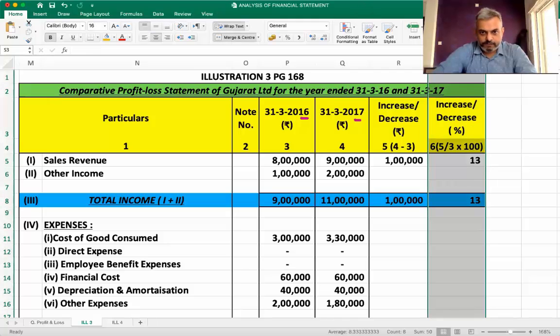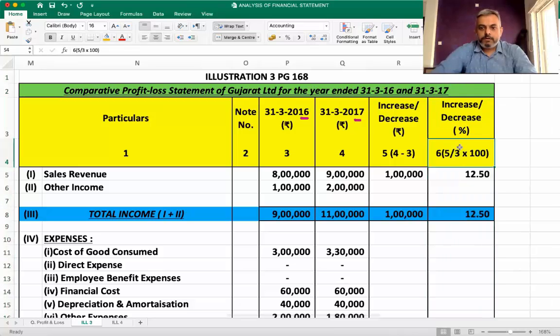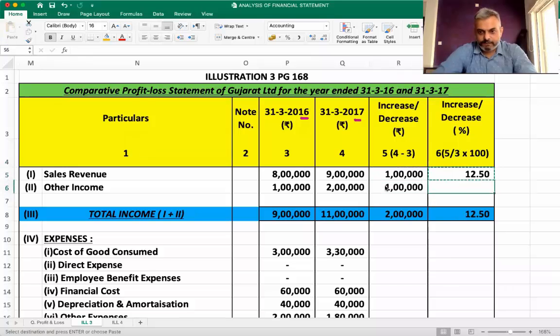So let me adjust it for 1 decimal point. Okay, so 12.5. Then other income, again same thing, we find the difference, again difference is 1 lakh. So you can see 100% increase in other income.